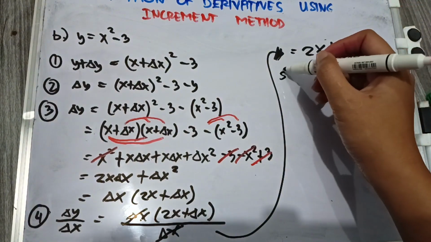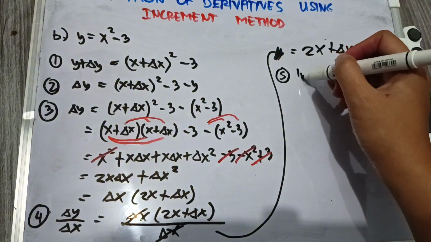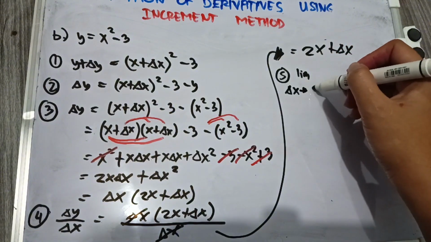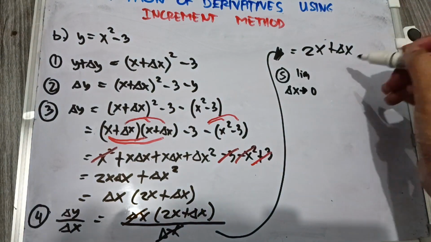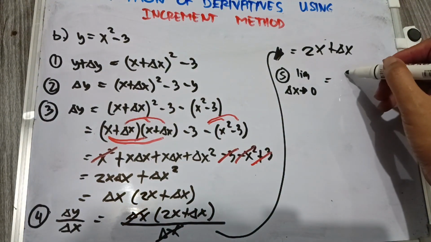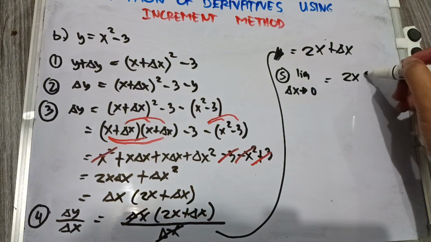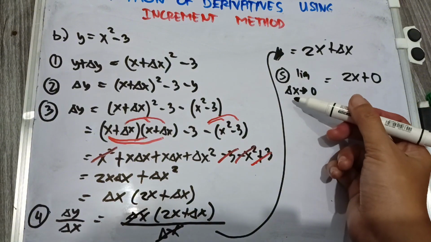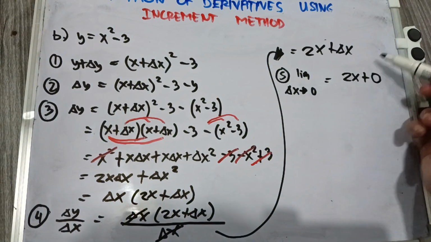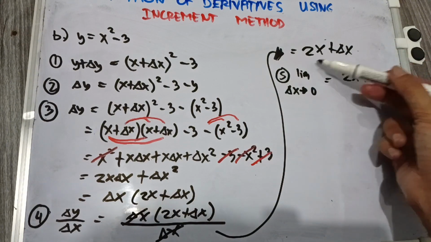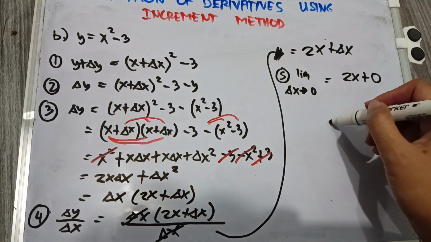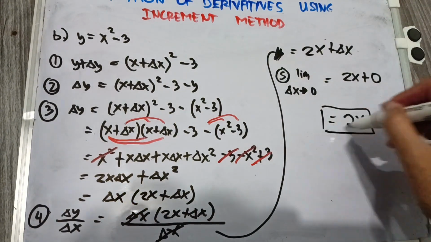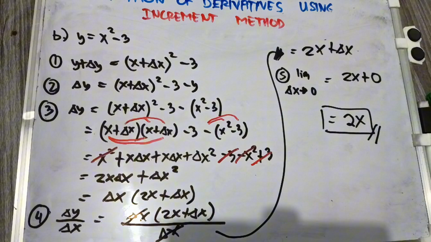Now in step number 5, we're going to convert all delta x to 0. Substitute, I mean. So that will be 2x plus 0. The value of delta x is 0. Let's substitute it here. So 2x plus 0 is 2x. Now this is the final answer.